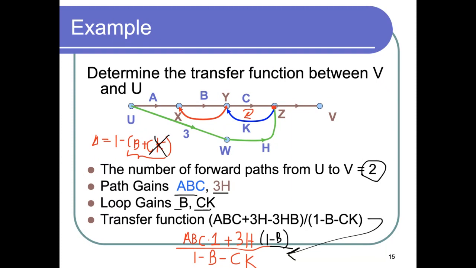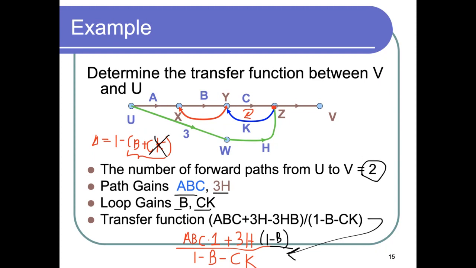What about the second path? The second path gain is 3H. I do the same thing, but notice that here I have only one touching loop, the other one is non-touching. So I remove what? It tells me that the determinant with the loops touching the kth path removed.